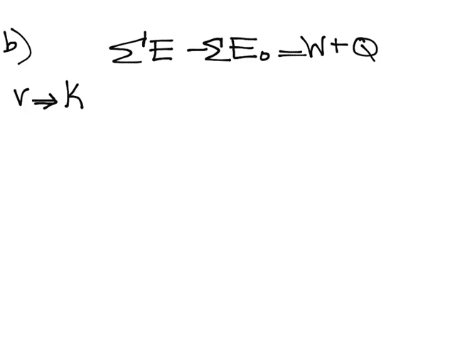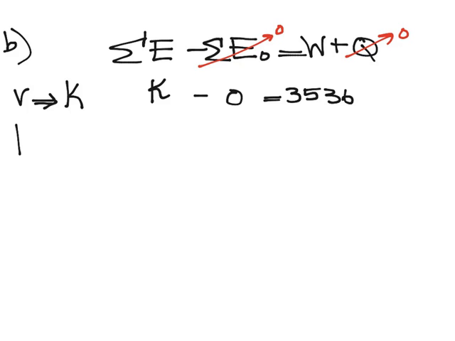Remember, there's no energy at the beginning, so sigma E naught was 0, and I have only kinetic energy at the end, so I have K minus 0 equals, I know there's no heat because there's no friction, and I know that work is equal to 3536 joules. Remember from eons ago that kinetic energy is equal to 1/2 mv squared.